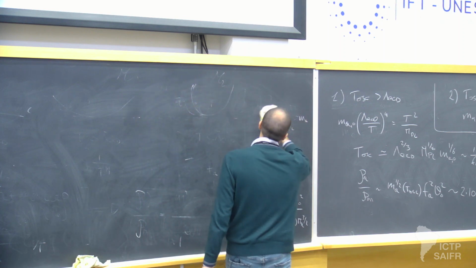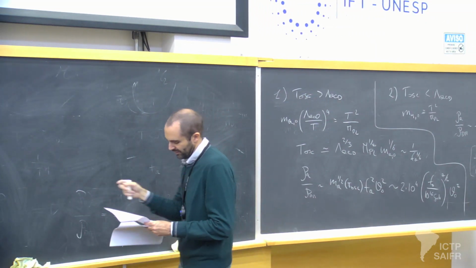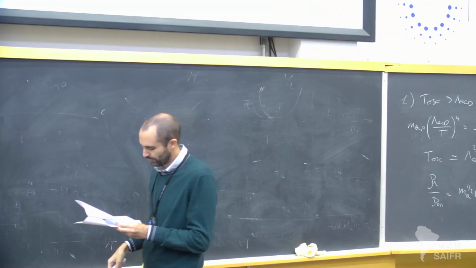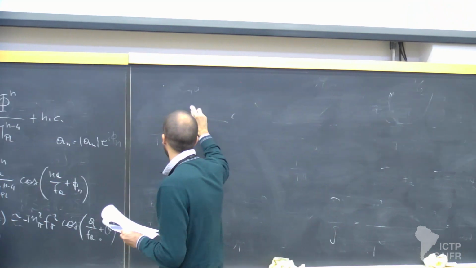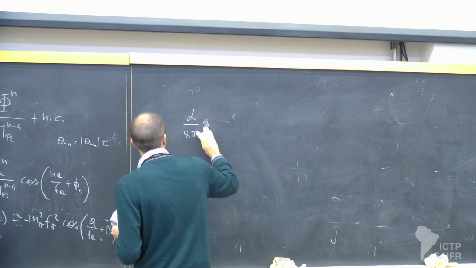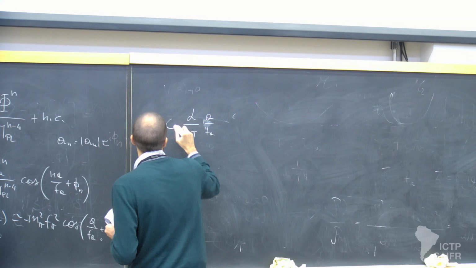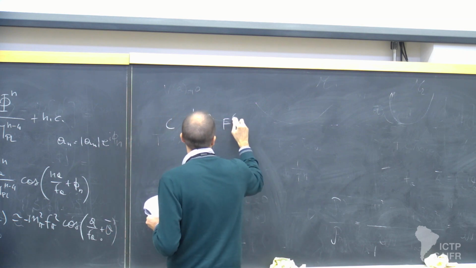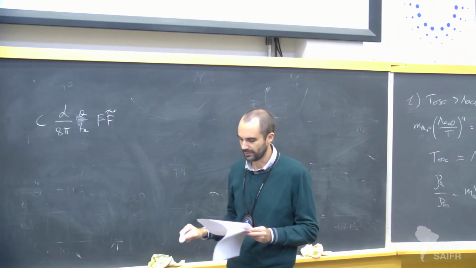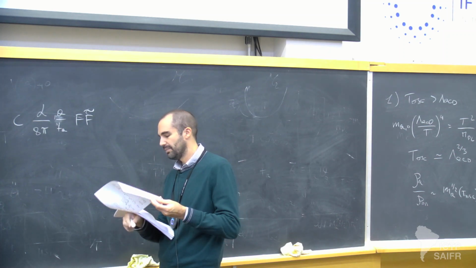Rather than writing down the full axion effective Lagrangian, just to make the connection with the next part, which is going to be very short, I want to say that you generically expect also an axion coupling that looks like this, times some number, where F is the photon field strength. And you expect this even in the models that we just discussed.